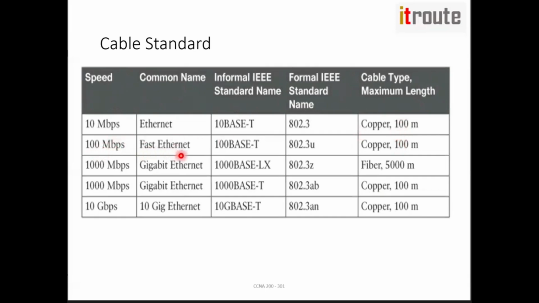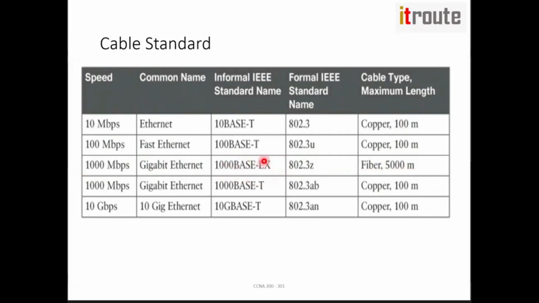Now 100 Mbps, Fast Ethernet, 100BASE-T, 802.3u, copper cable, we can run up to 100 meters. 1000 Mbps, Gigabit Ethernet, 1000BASE-LX, 802.3z, a different standard, and this is a fiber cable, we can run up to 5000 meters.